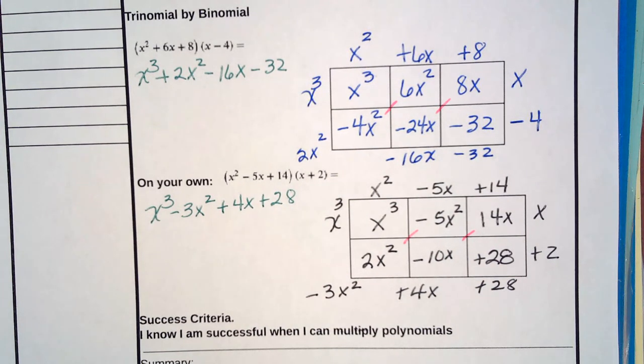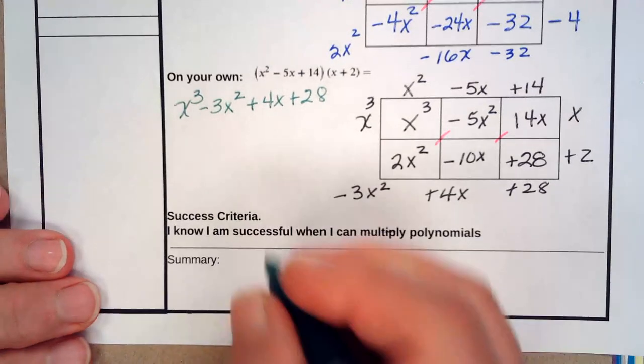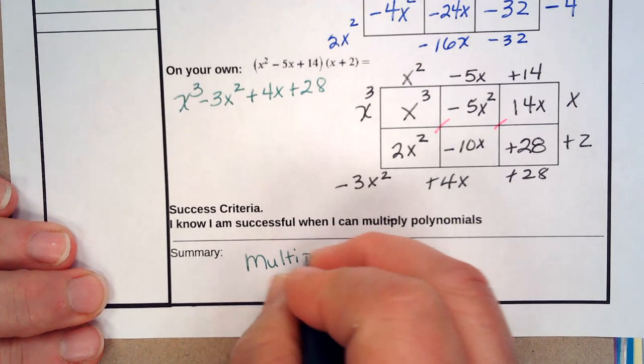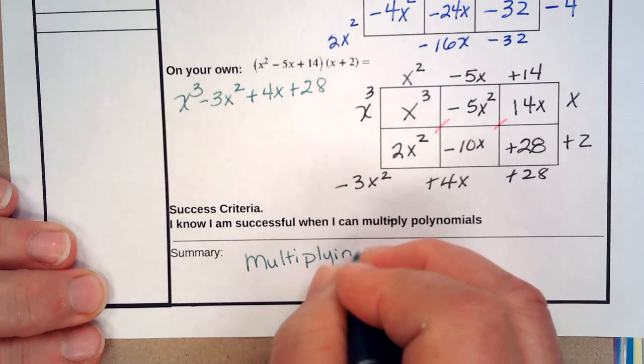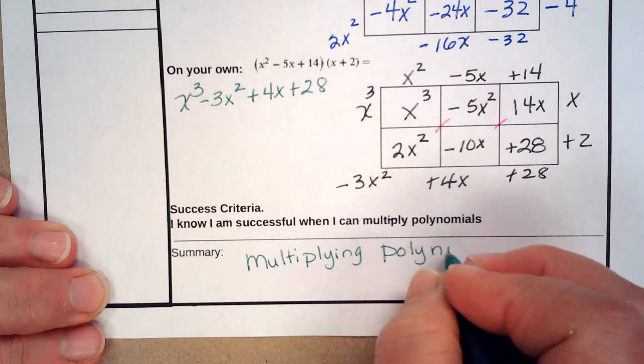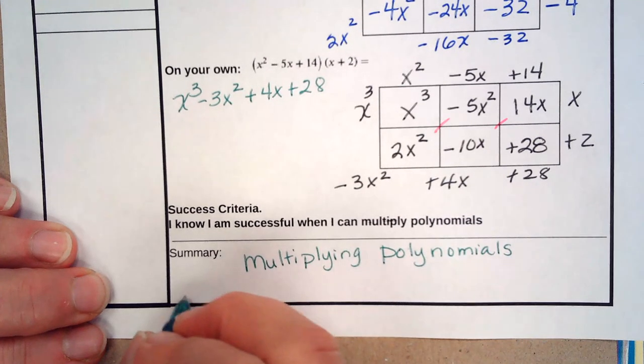Please get used to the box method because we will use the box method when we get ready to divide. So we are multiplying polynomials. So we learned two methods.